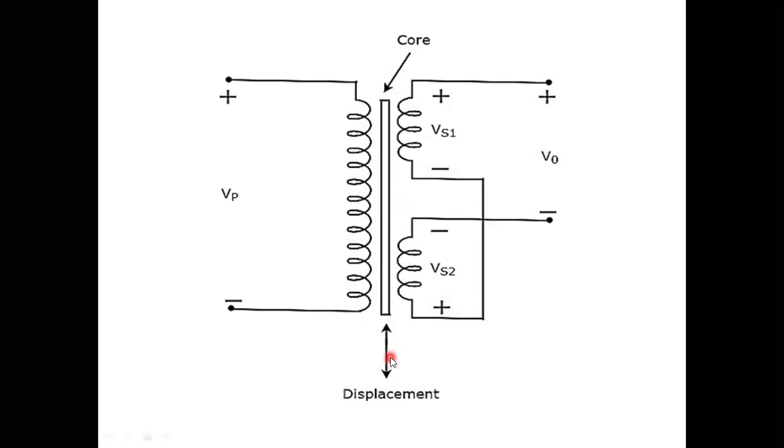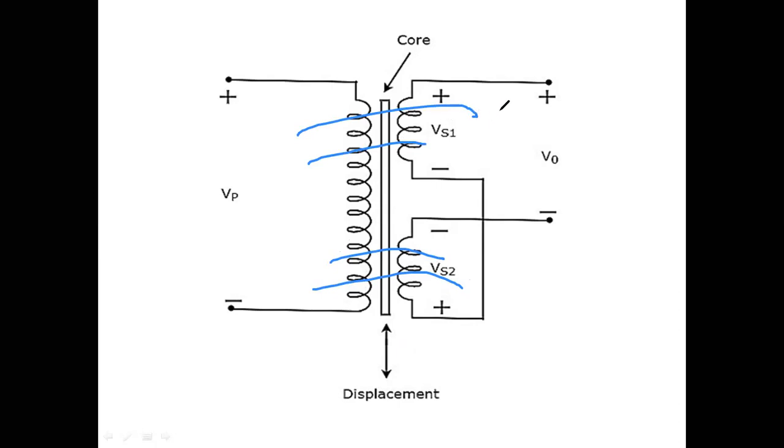Previously, when I am not giving any input, the core is at the center of the windings, such that the flux linkage is the same here and here.